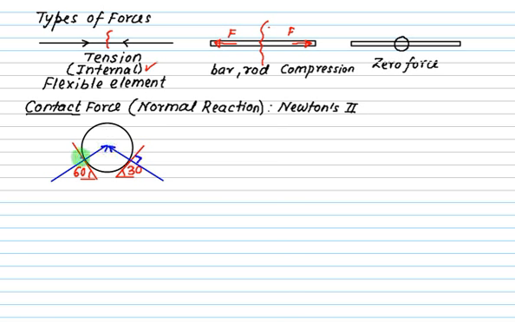This angle is always 90 because the name is normal reaction. That is why this reaction Na will make an angle of 60 degrees, whereas this reaction will make an angle of 30 degrees. This is 30, this is 60, and this one is 90. Sum is always equal to 180. Now this time it is called ground reaction.